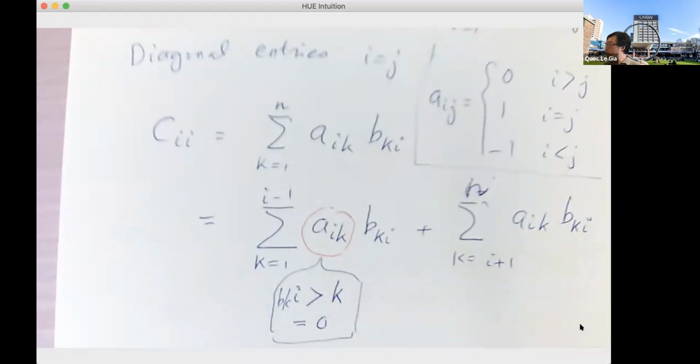So similarly, now if I look at Bki, again I have to write down what is the definition of Bij.